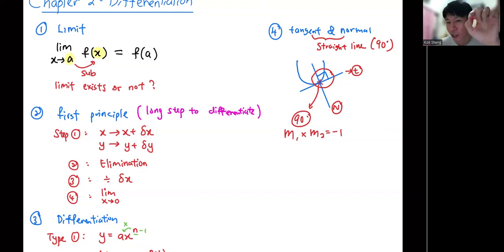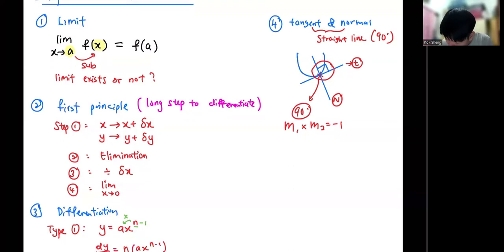If you apply it to the tangent and normal, it becomes the tangent gradient, I put mT, times the normal gradient, I put mN, equals -1.